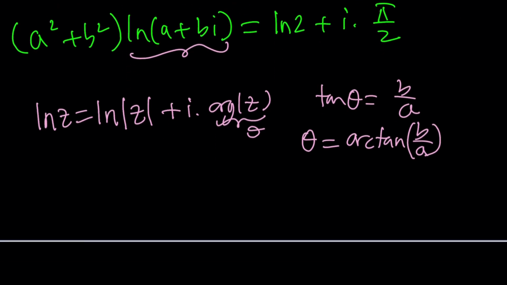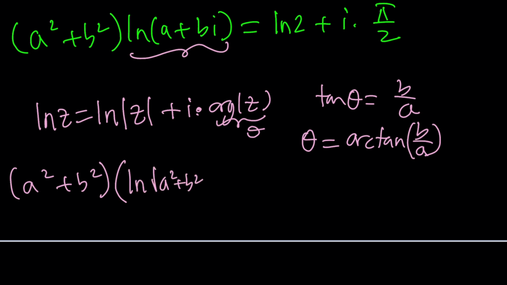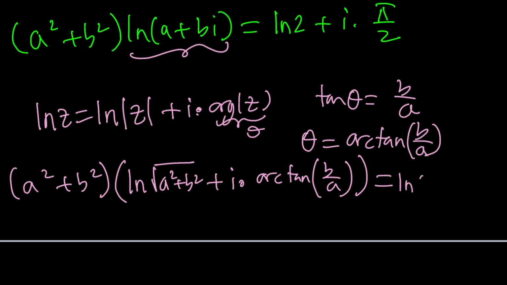Well, let's just assume everything is nice and working. So now we can replace ln of a plus bi by the following: ln of the absolute value of z, which is this, plus i times theta, which is this. So you like that? Super complicated equation with too many variables.